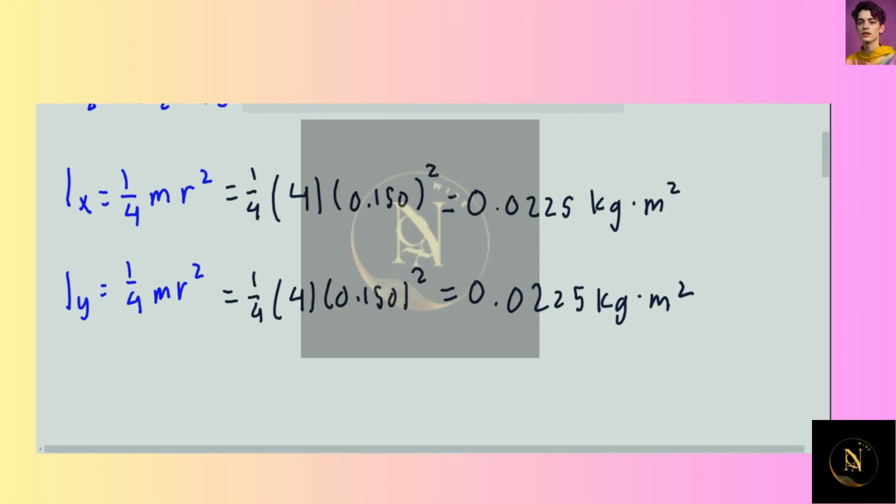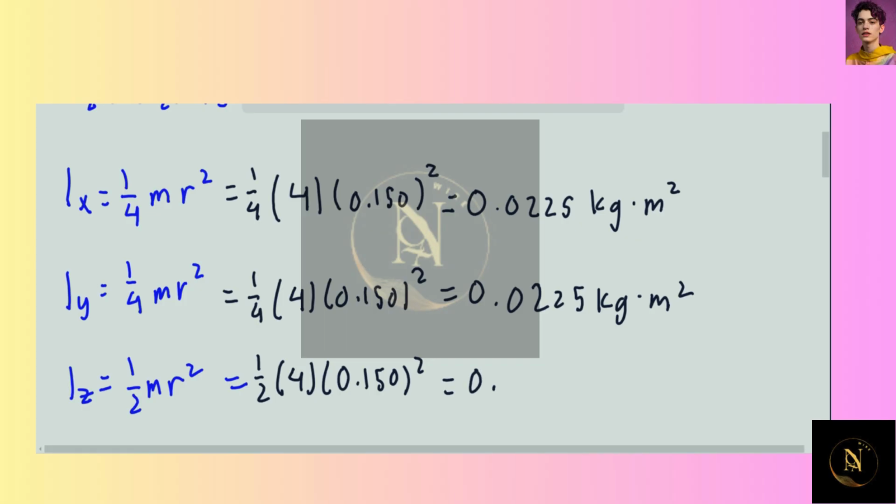Now for the z component, the moment of inertia in the z direction is going to be equal to 1 over 2 times the mass times the radius squared. And we plug in the mass, and we plug in the radius, and this will give us a value of 0.045 kilogram meters squared.